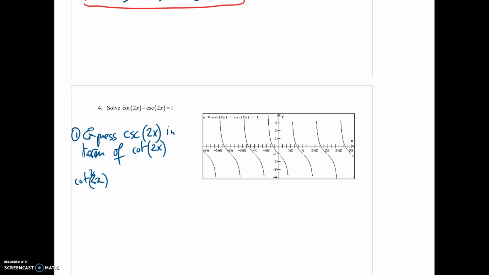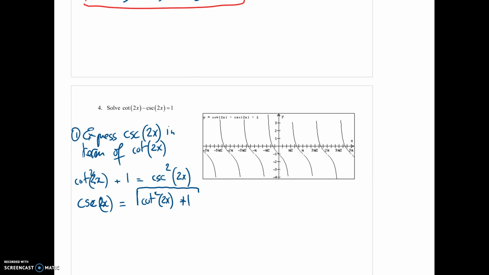So what you are going to do is you are going to rewrite cotangent squared of the angle 2x plus 1 equal cosec square of the angle 2x. That means that the cosec of the angle 2x equals the square root of cotangent square of the angle 2x plus 1.